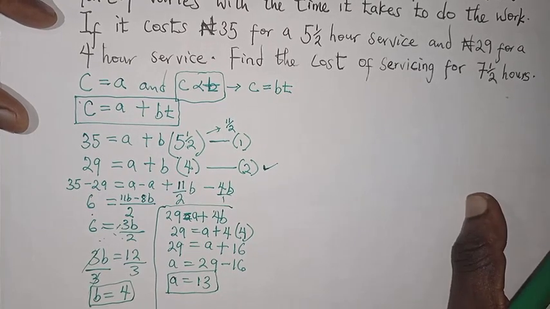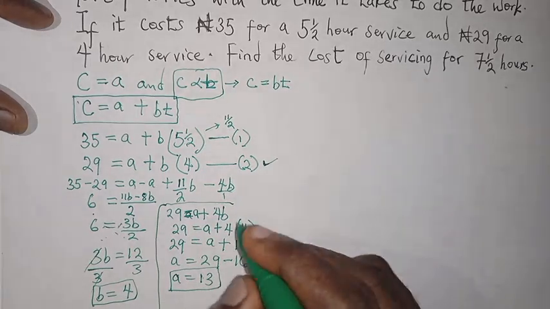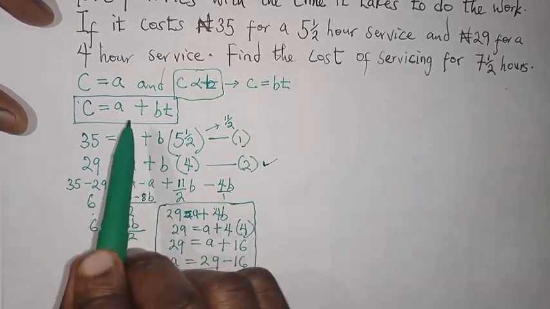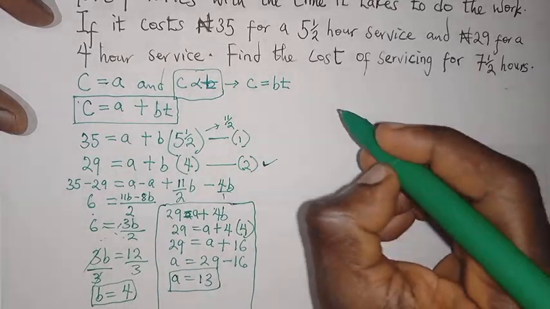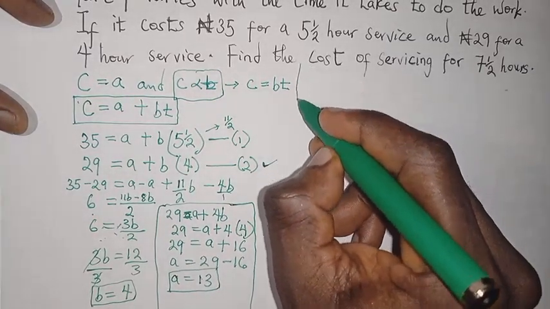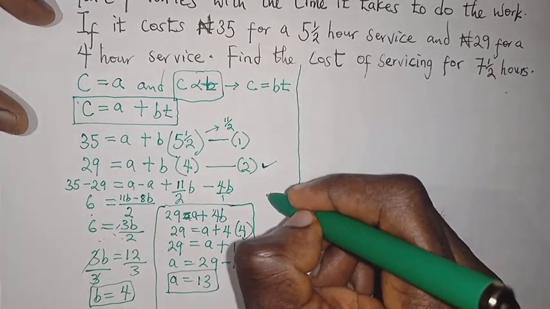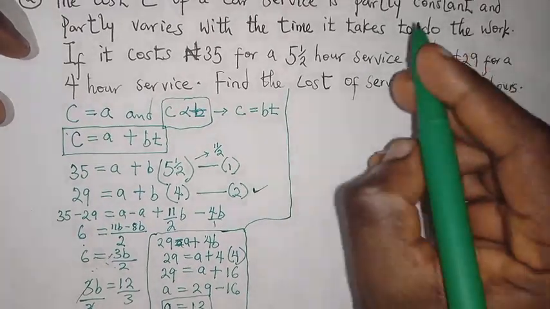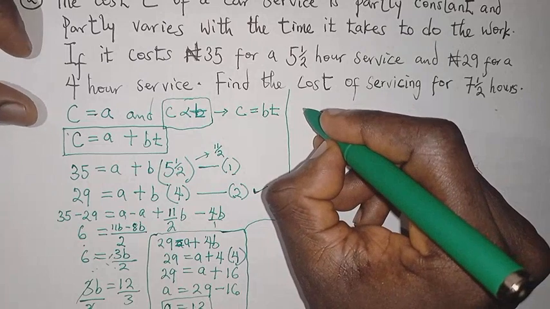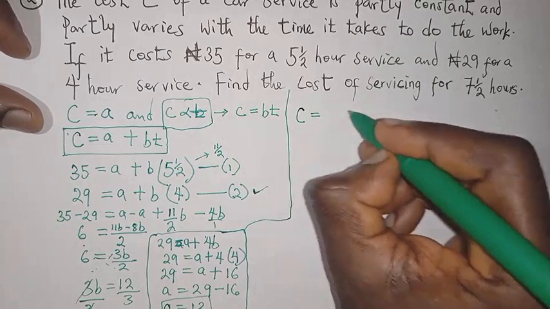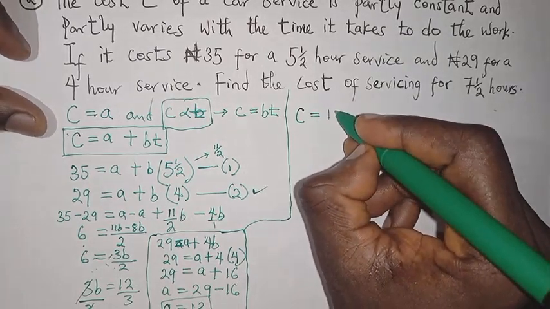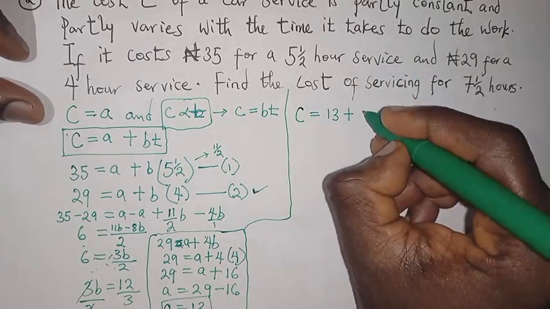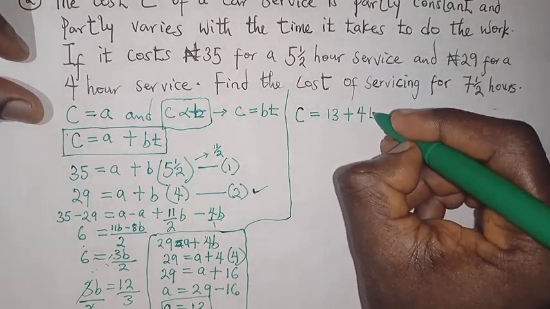So the next thing I would need to do is to write out the relationship between the cost and the time it takes to do the job. So that is going to be C equals 13 plus 4T.